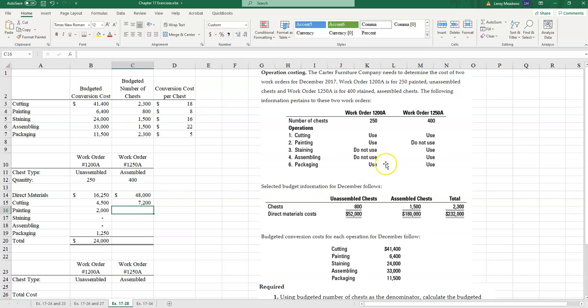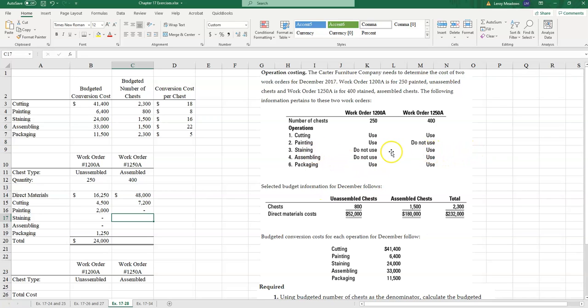Now, will the assembled chests be painted? Will they go through the painting operation? Work order 1250A does not use the operations associated with painting. So therefore, they're not going to be allocated any conversion costs associated with that. Let's take a look at the staining operation. Do we incur staining costs associated with this work order?